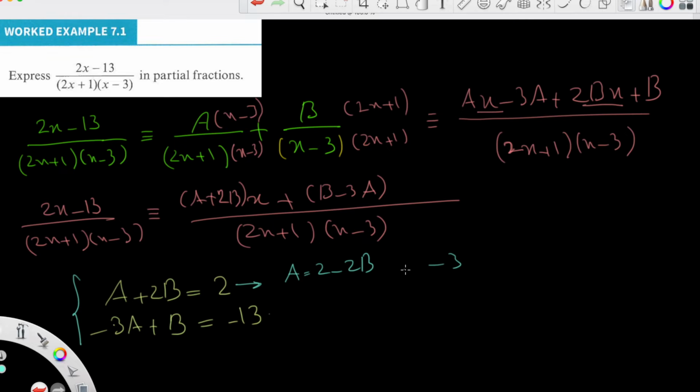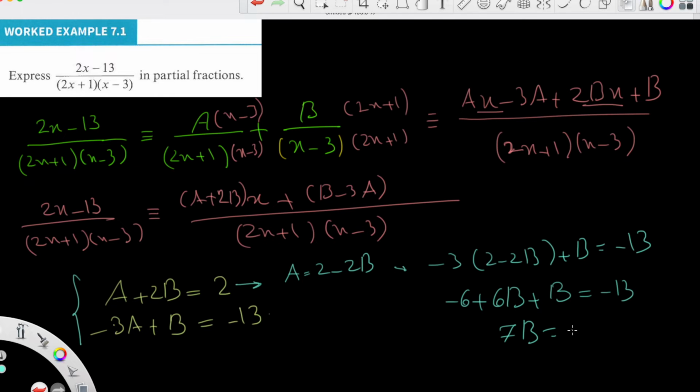-3 times (2 - 2B) + B is equal to -13, so it will be -6 + 6B + B is equal to -13. So 7B is equal to, then it will become -7.